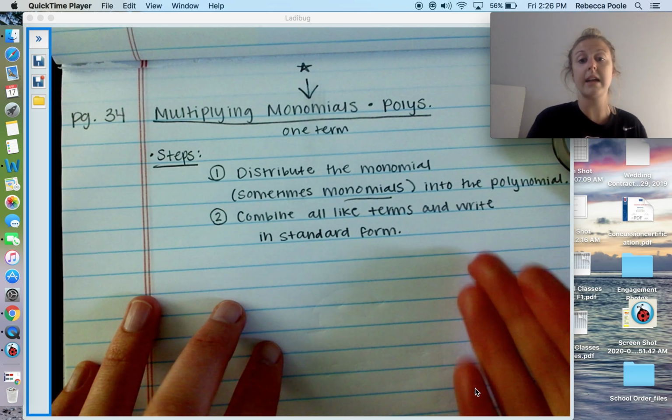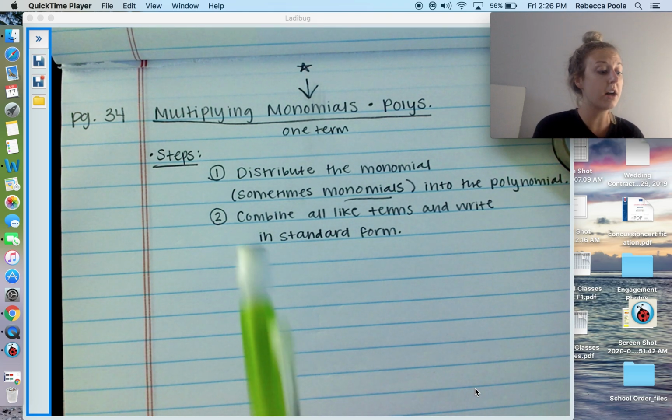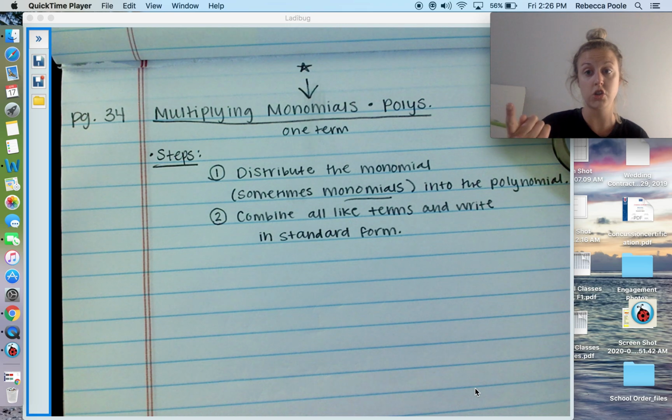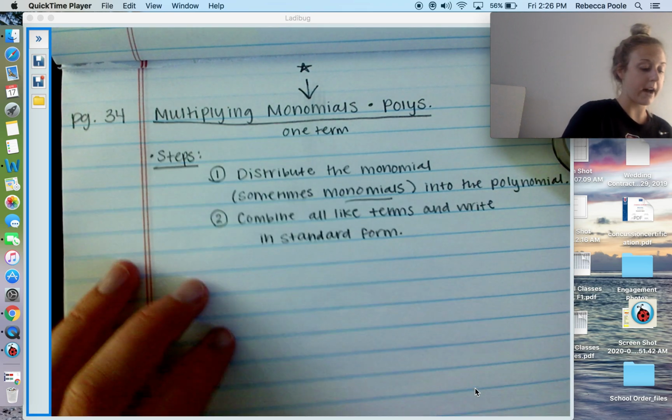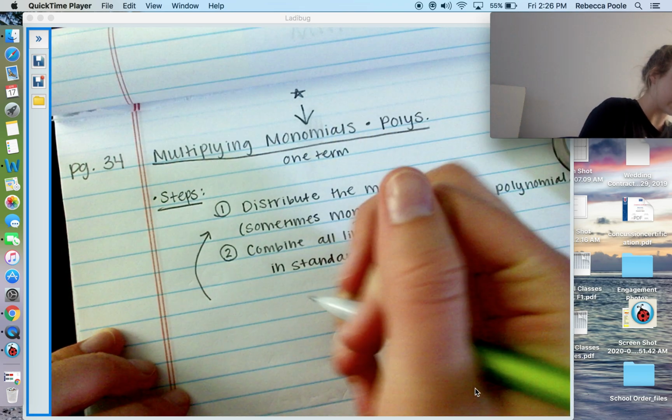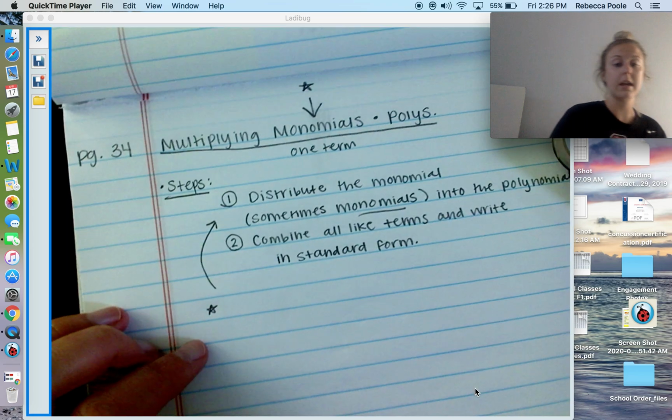So this second step is really nothing new. And honestly, the first step isn't anything new either because you guys just did distributing when we did subtraction, okay? That's it for the steps. You're going to distribute what you need to, and then we're going to combine all like terms and simplify in standard form.